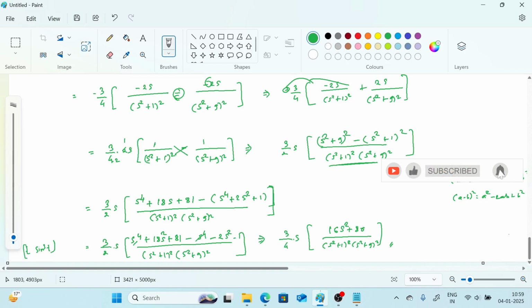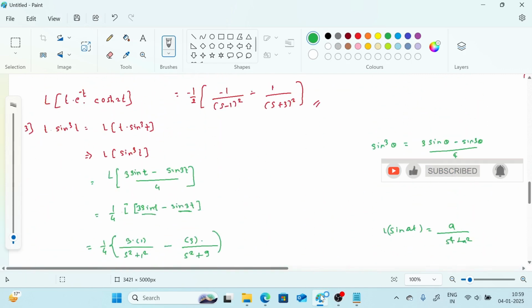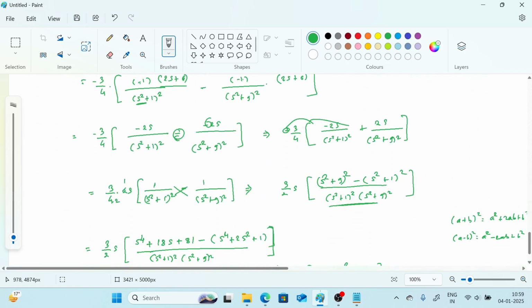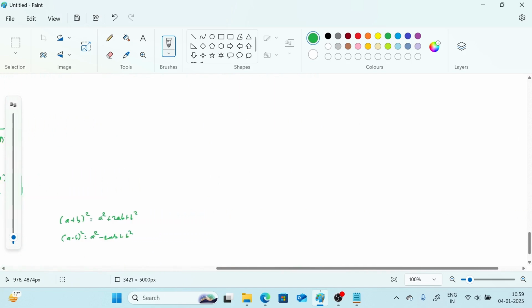Now I'm going to solve the last example. Let me see if I have the space here. Okay, I will take this side.